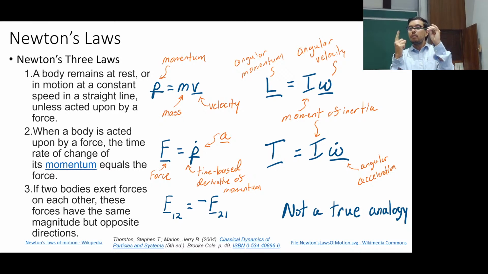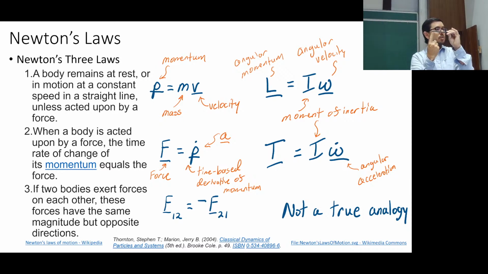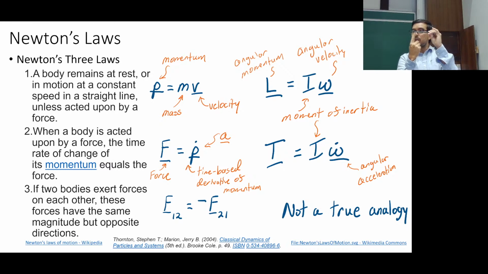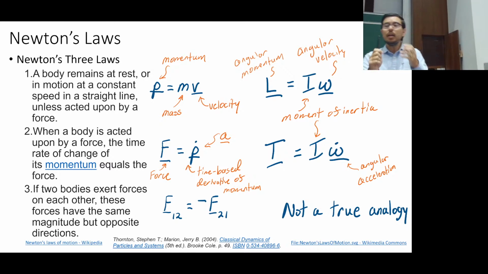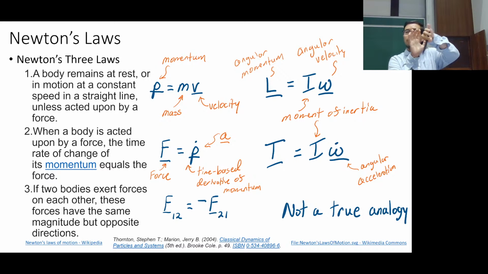But there's no moment being applied to this object. It's a force. The third law is applicable to there being an equal and opposite reaction, where there's a force being applied to my finger object, but there's not going to be a moment applied to this object. So it's not a true analogy. But we're going to see lots of cases where I have torques or moments being applied in a collinear system.